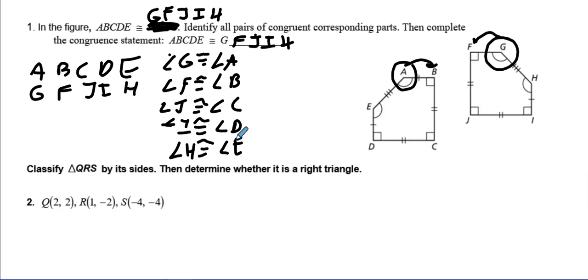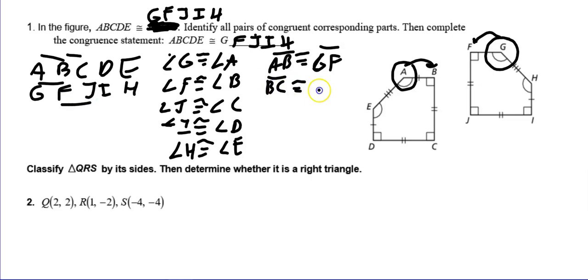So it goes pretty easy until the end, but if you just look, AB, well, that's just GF. So AB, line segment, is congruent to GF, line segment. And then BC, that's FJ. So BC, congruent to FJ, keep the order the same. And then CD would be JI.